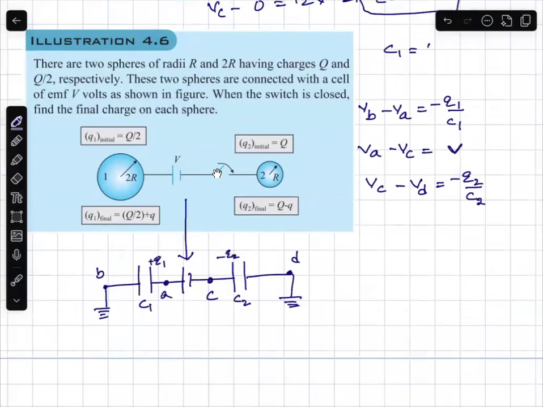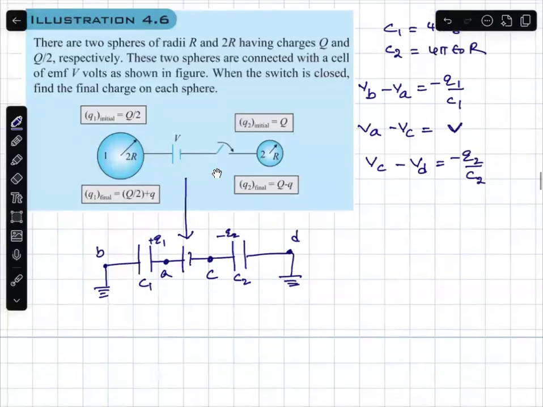Wherever I have C1, I will write 4 pi epsilon naught 2R. Wherever I have C2, I will write 4 pi epsilon naught R. Just now I taught you spherical capacitor. Right. Now take the sum of all these things.